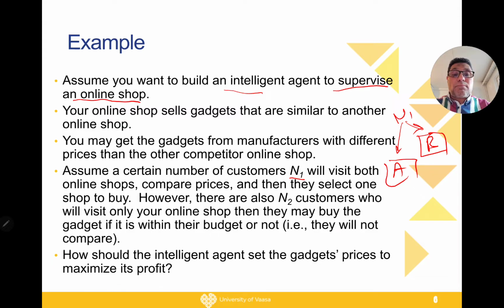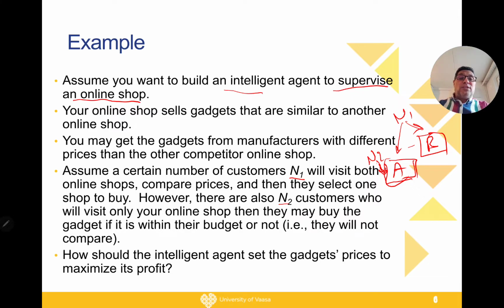There are also N2 customers who usually come only to your shop, and buy the gadgets without visiting B, but they buy only if the price is good for them, or within their budget. So we have this problem.